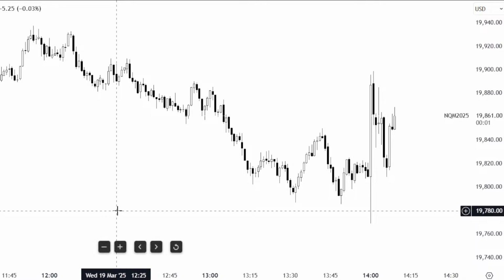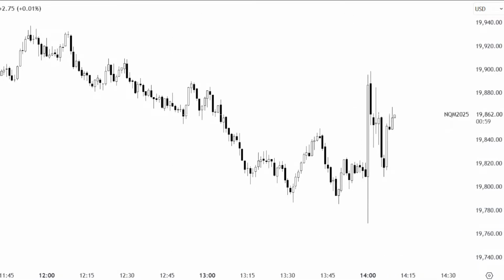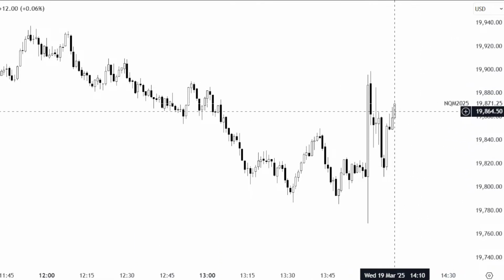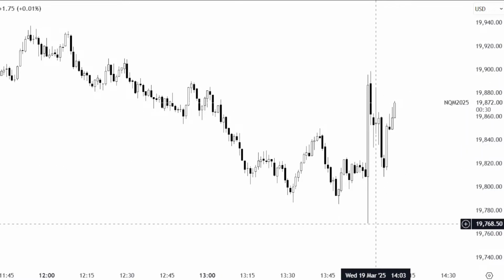Alright, so let's see. Where do we think it's going to go first? I think we'll run those highs up first. Looks like there's some sort of momentum. But there's nothing in here that I would take to say we're going up higher.